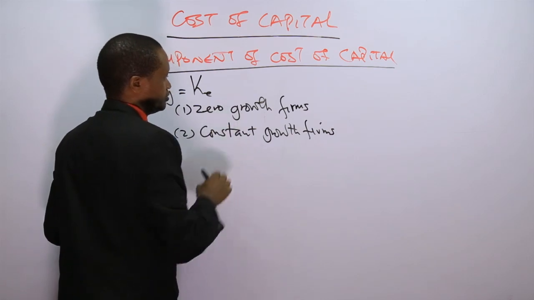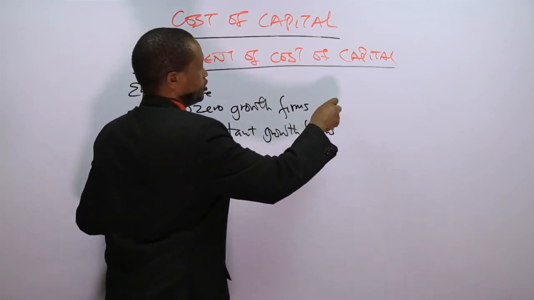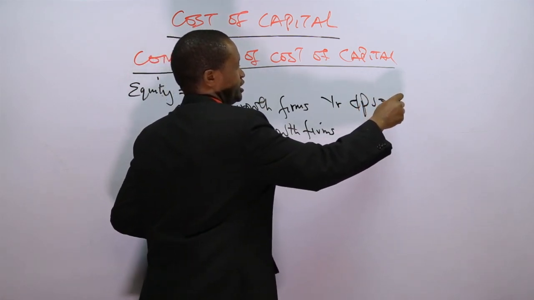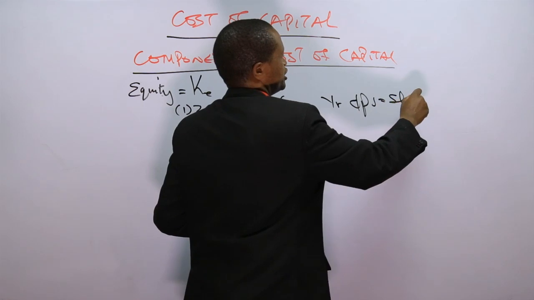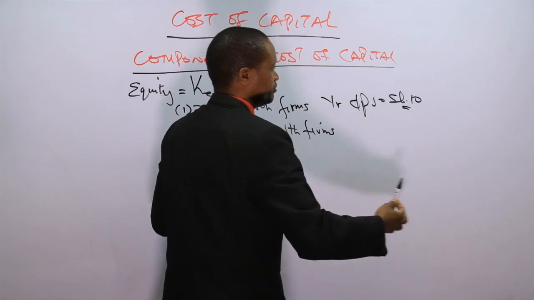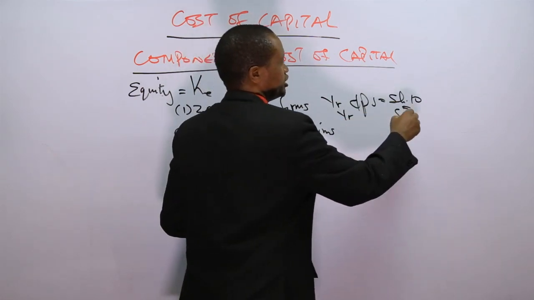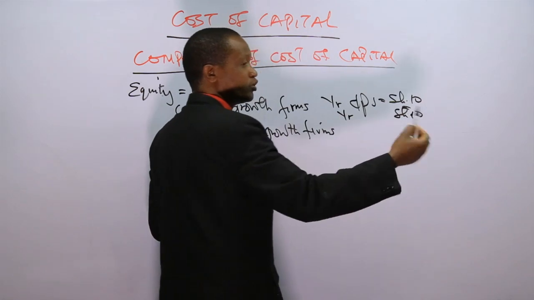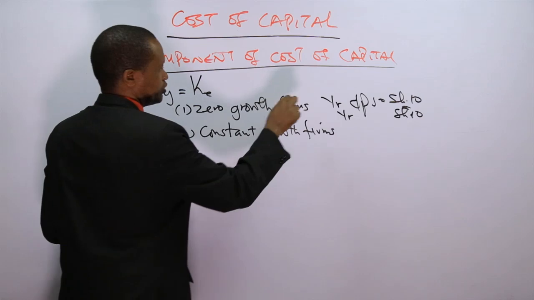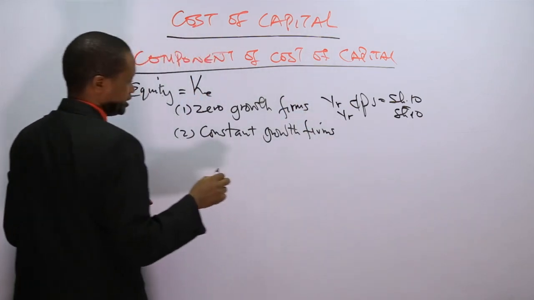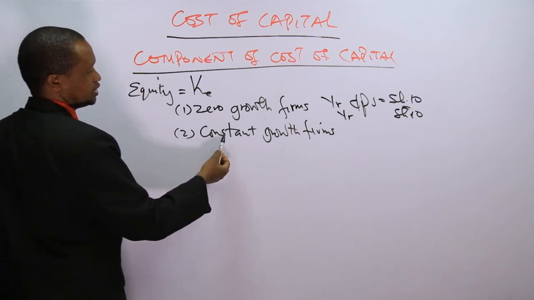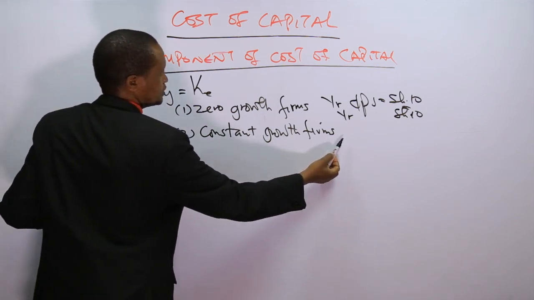If in year one the dividend per share is, say, 10 shillings per share, then it will remain the same for year two at 10 shillings per share. It's not growing. It's constantly at zero growth.